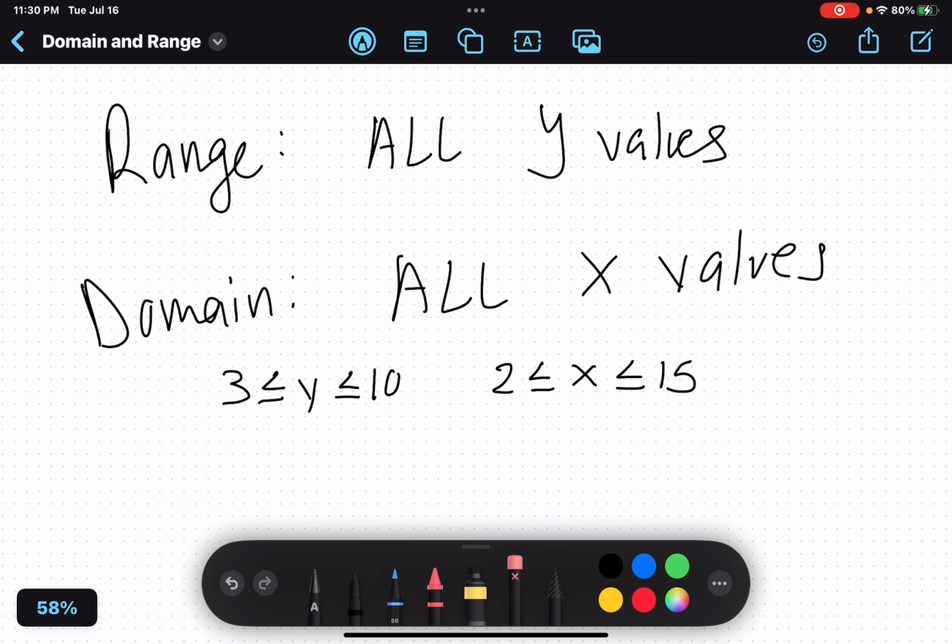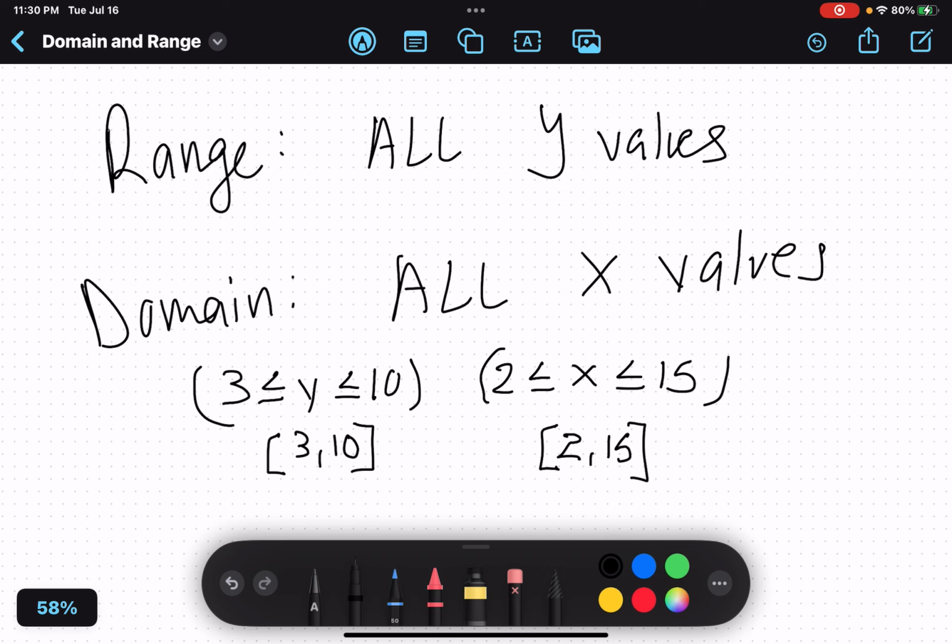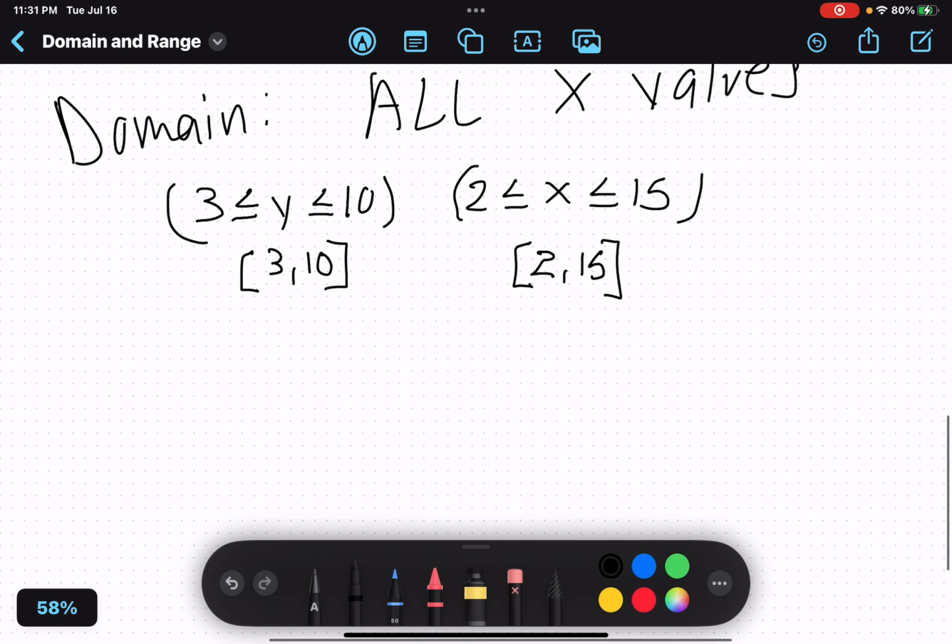However, if the question specifies that it wants your answer in interval notation, you need to write it this specific way. It's just an easier way to write all of this out if you don't want to be writing symbols and numbers. It means the same exact thing.